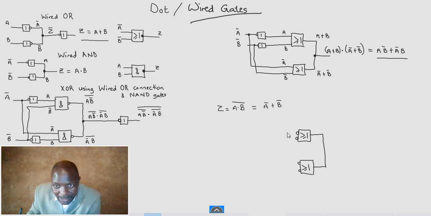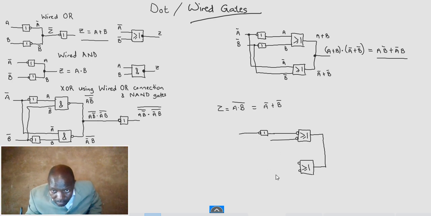Now, if I were to do the same with NAND gates, I say that is my node A. My gate is facing that way.